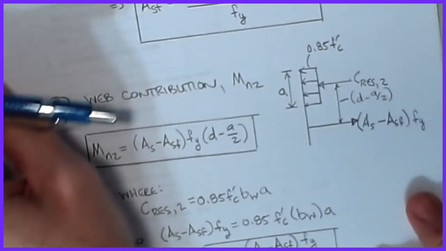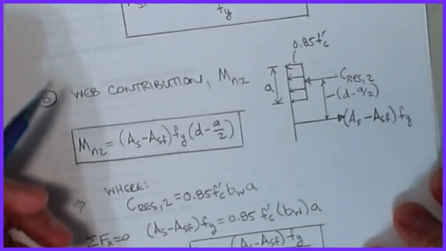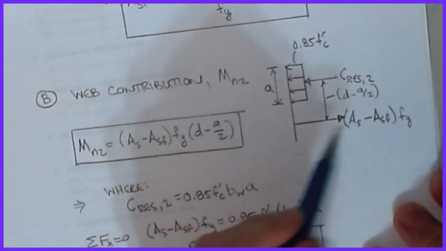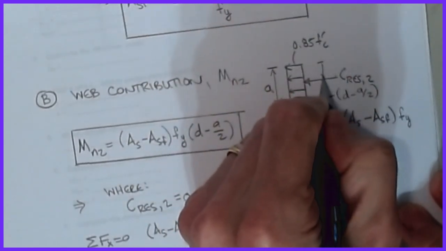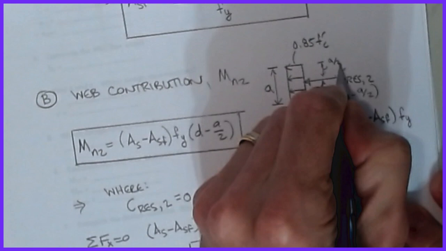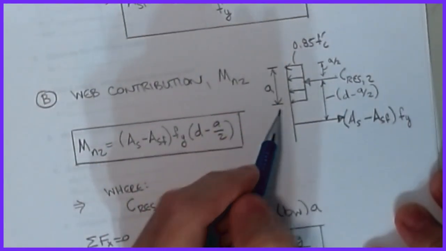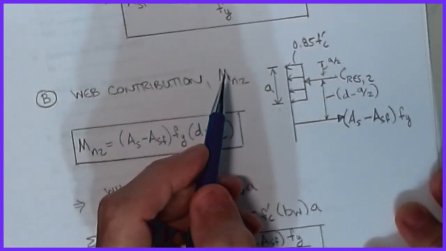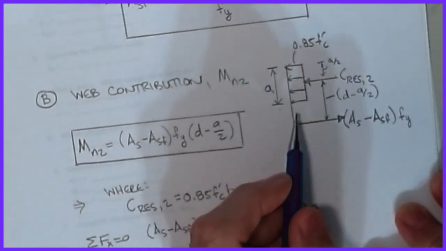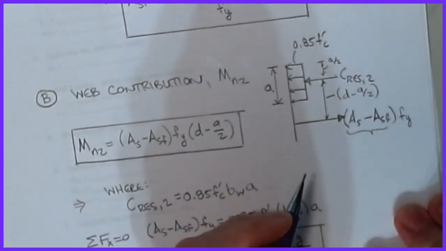Then all you have to do is look at the web contribution. It's exactly the same way, except now the picture is identical to what we had before, with the A on this thing, that's A divided by 2. A is the depth of the block. This is just a pure Whitney block diagram as we learned back with the SRR section when we first studied these. The only difference is that now this is no longer just AS.